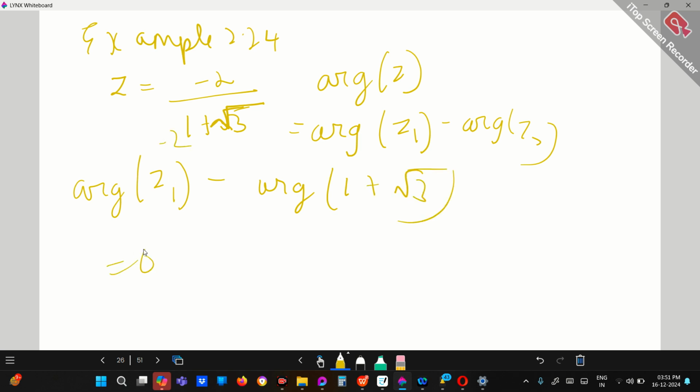Argument of 2 is 0, like you may be wondering how I wrote argument of 2 is equal to 0. I hope you understood later. Tan theta is equal to minus tan inverse of root 3, which is pi by 3. I also want to check in which quadrant it lies, right?